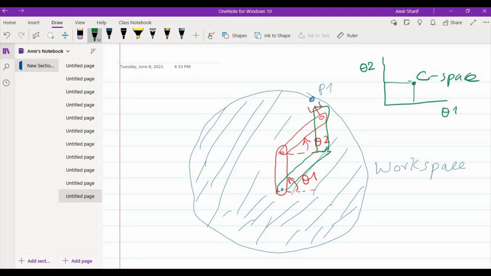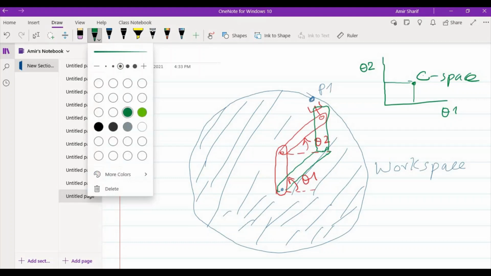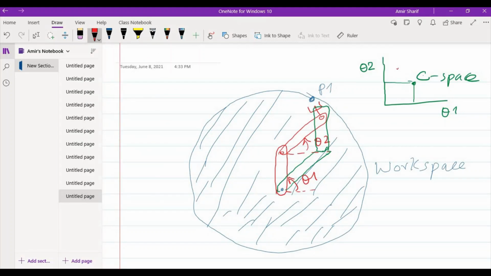For example, the green combination of theta 1 and theta 2 takes your end effector to point P1, and then you also have other configurations, maybe this configuration here, and for this value of theta 1 and theta 2 you also get the same point in the workspace.